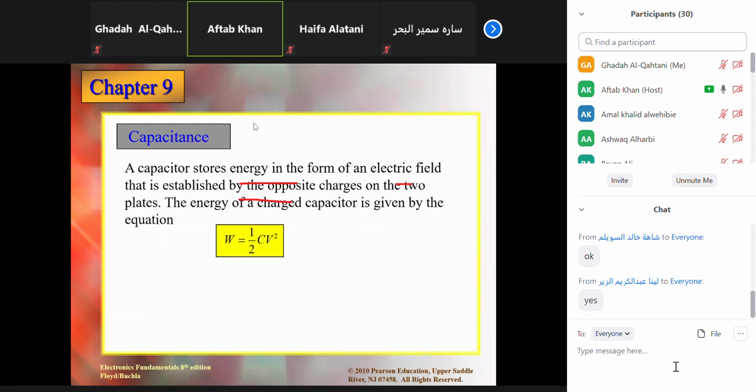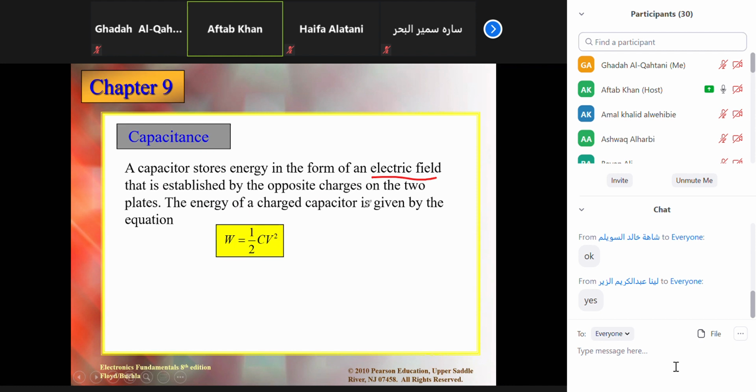Now, guys, the second thing is that the capacitor stores energy in the form of an electric field. I told you how the capacitor stores the energy. It is stored in the form of charges, or what we call an electric field, because of the positive and negative charges. That is established by the two opposite charges on the capacitor plates.